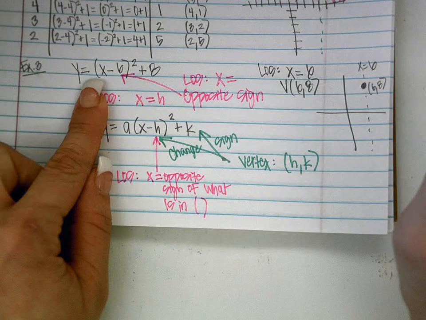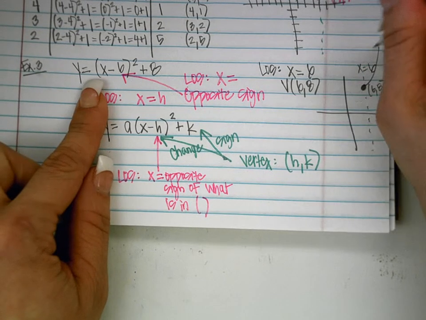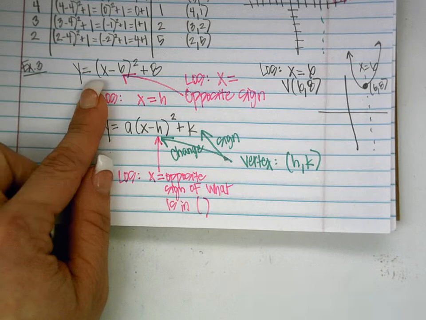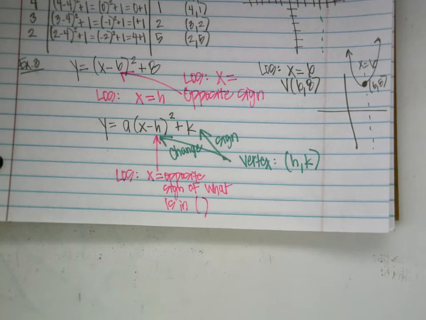It's positive, so that tells you it would open in which direction? Up. So just make a rough sketch like that. As long as your vertex is labeled, your axis of symmetry is labeled, and it's facing the right direction, you're good. You do not have to do the x-intercepts, the y-intercepts, any of that stuff.